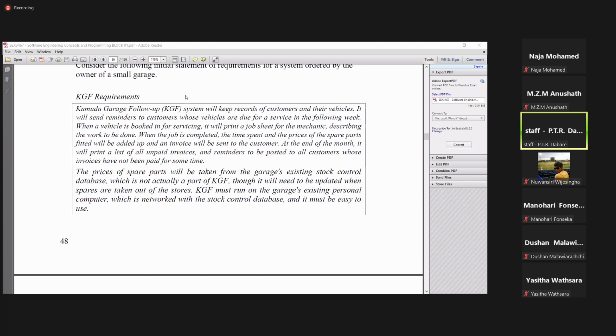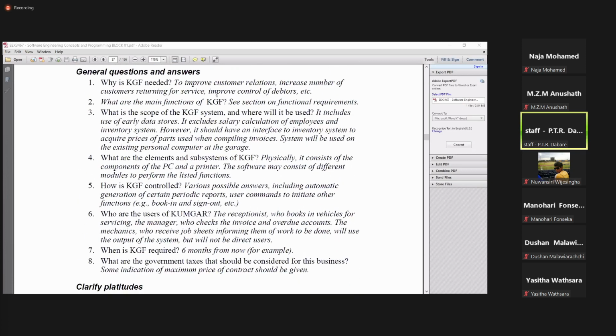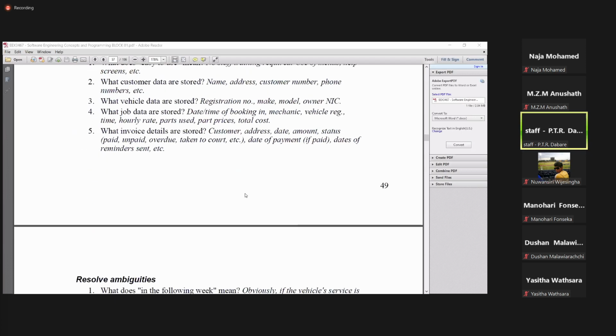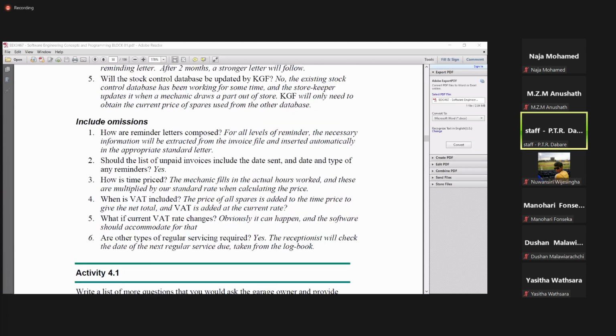If you are going to introduce an inventory system, what is the current system? So you have to talk, right? It's not going to be a 5-minute discussion. Then you have to clarify, ask these general questions, and get clear answers, right? So please read this one.